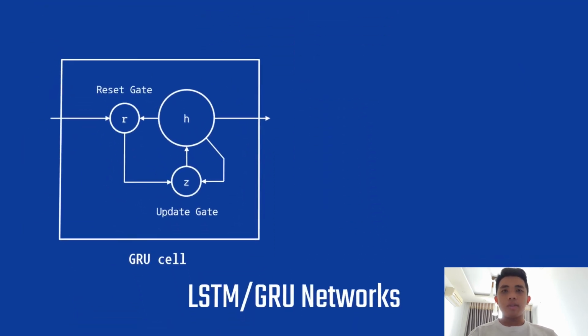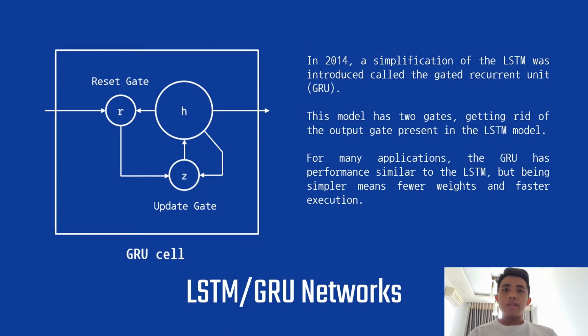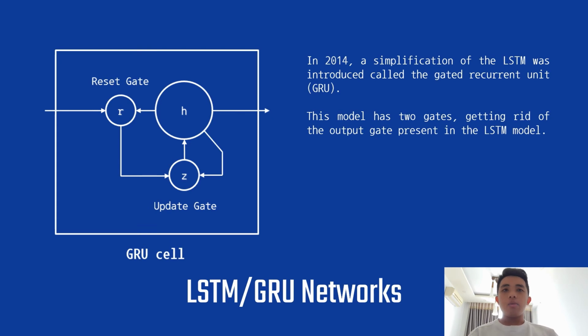In 2014, a simplification of the LSTM was introduced called the Gated Recurrent Unit, GRU. This model has two gates, getting rid of the output gate present in the LSTM model.